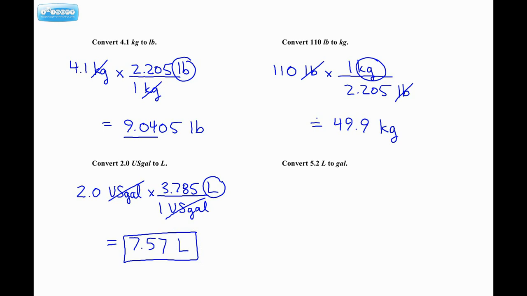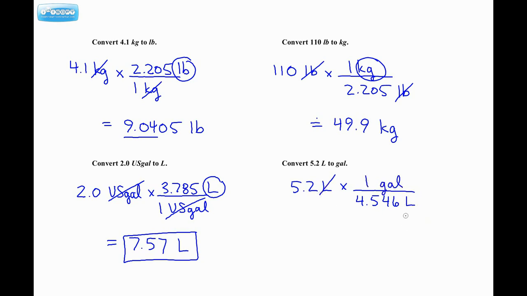There you go. Lastly, 5.2 liters to regular gallons or imperial gallons. So 5.2 liters times, and in an imperial gallon we have about 4.546 liters, and that's 1 gallon.